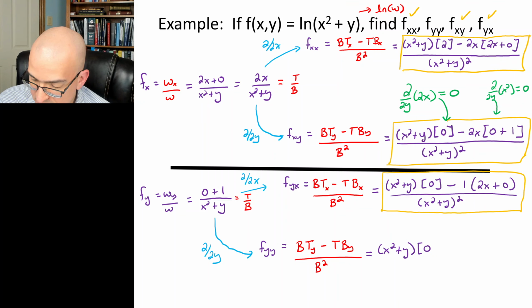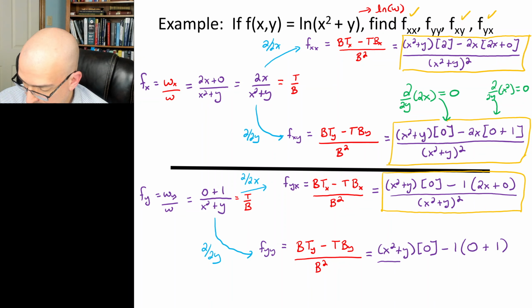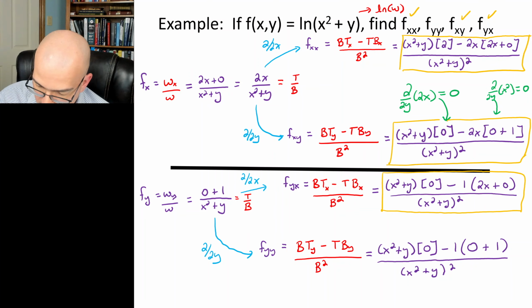Well, the top is 1, the derivative of 1 is 0. Minus the top, minus 1, times the derivative of the bottom with respect to y. So the derivative of x squared is 0. Derivative of y is 1. Divided by the bottom all squared. Now that simplifies, but I'm not even going to do that.